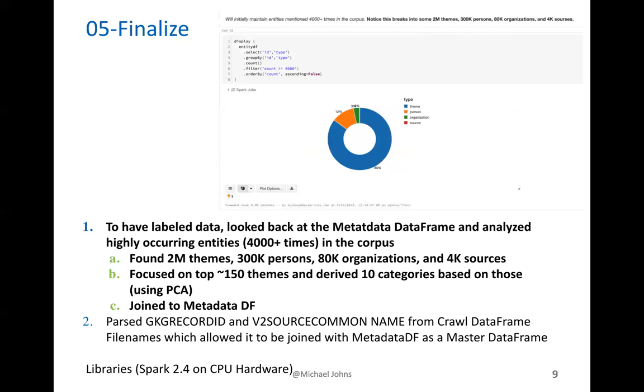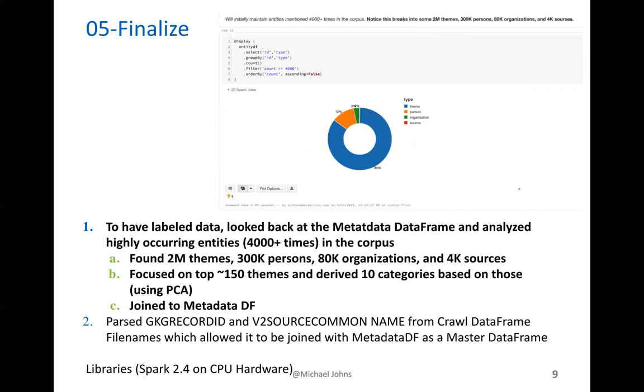Whenever you filter at that level, these are widely used. When you think about labeled data, we had 2 million themes, 300,000 persons, 80,000 organizations, and 4,000 sources. So still a lot of information appearing 4,000 times across this 80,000 document corpus.